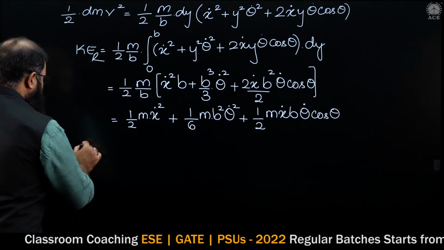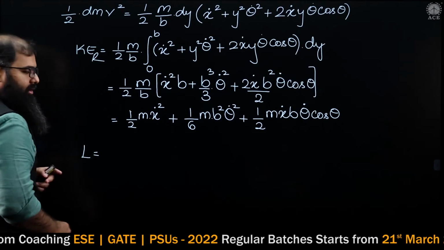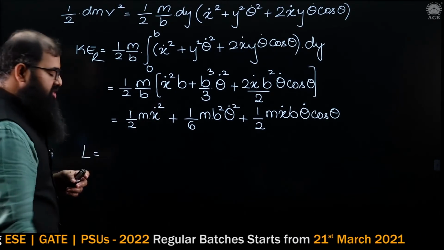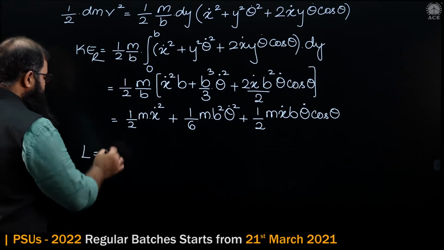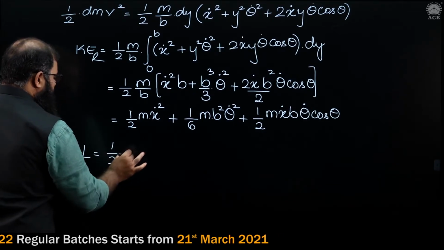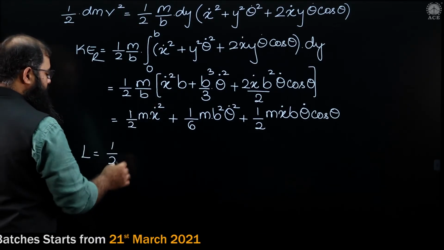So if I look for L, the value of L is equal to kinetic energy minus potential energy. Kinetic energy I was already having half capital M into x dot square.